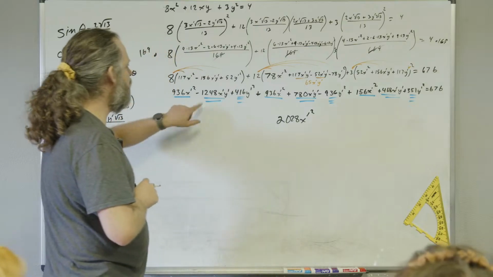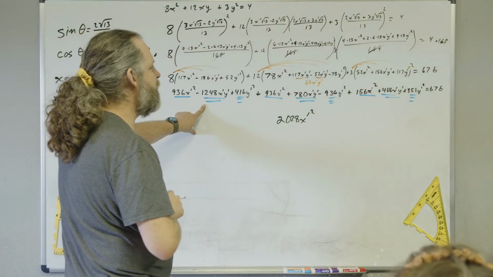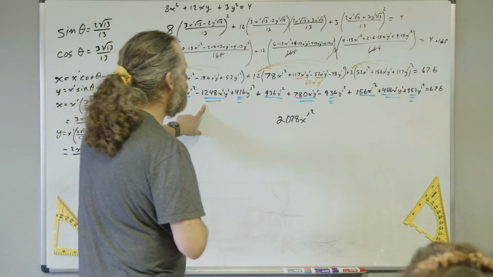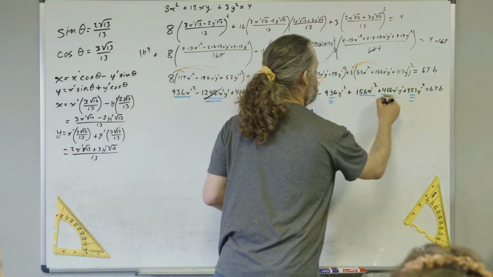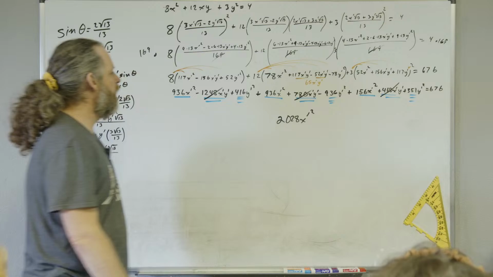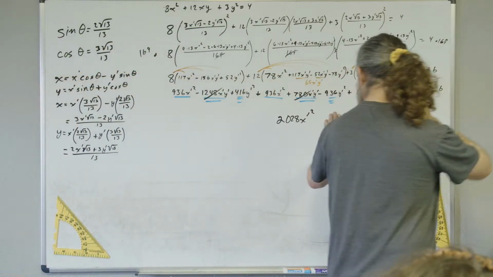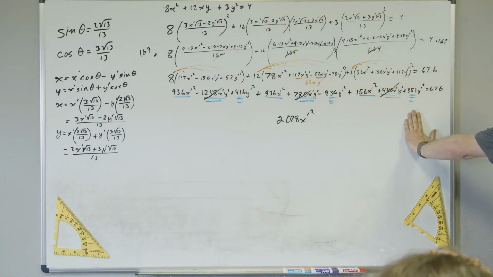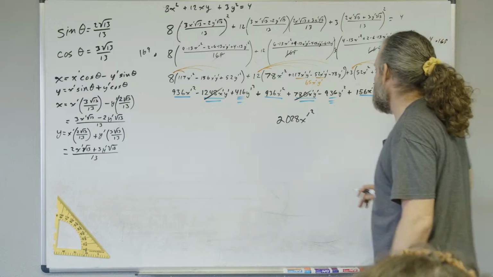And then negative 1,248 plus 780 plus 468, 0. That definitely goes away. I'm so happy. And then 416 minus 936, plus 351, negative 169.